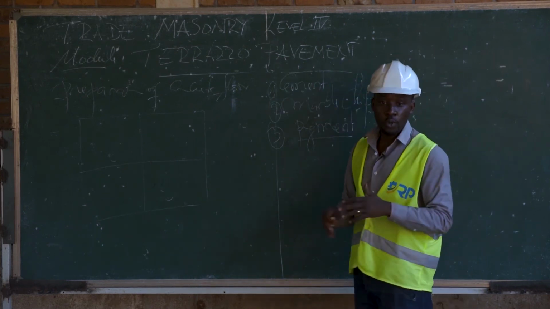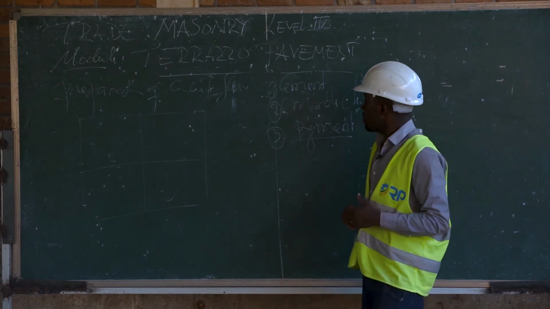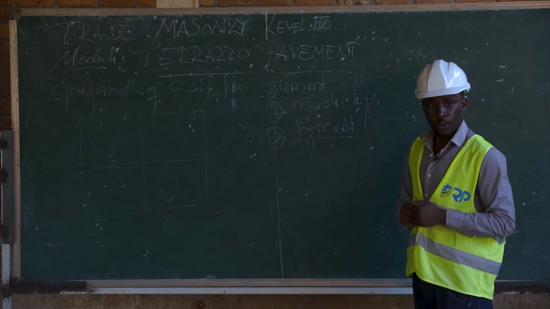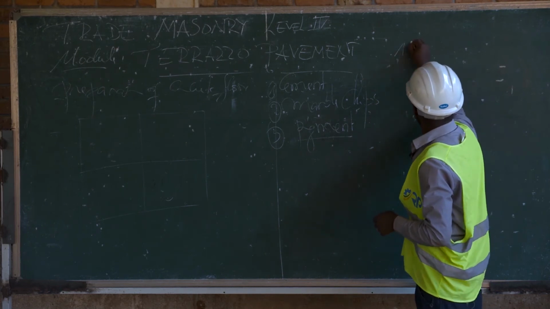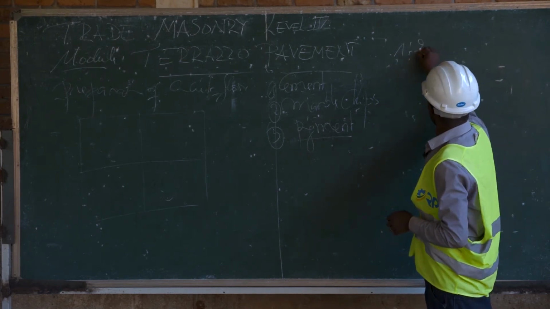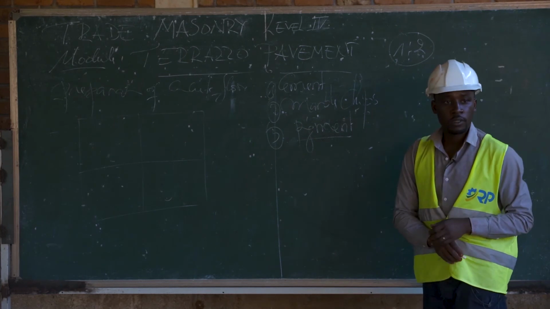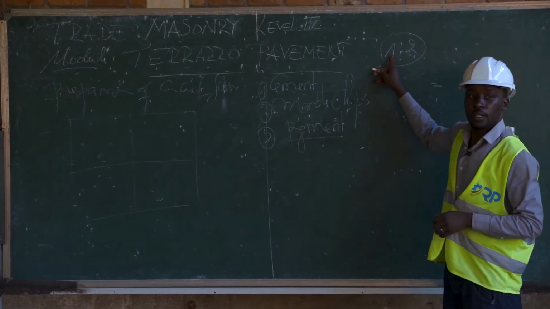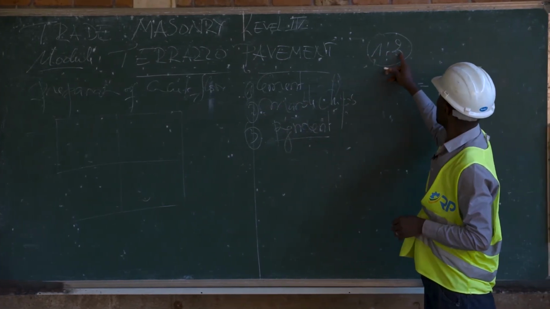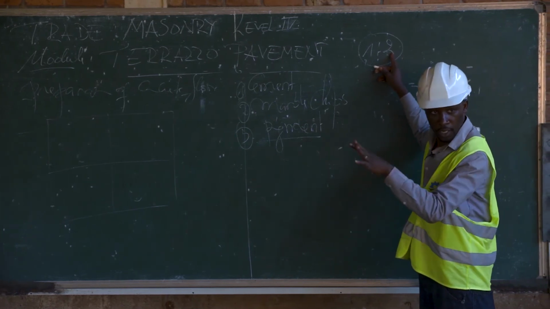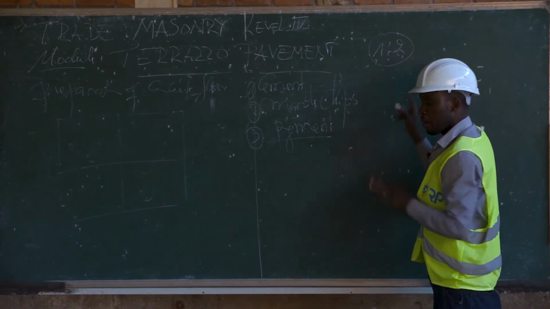So in terrazzo construction, the mix ratio used is 1 to 2. 1 means the part of cement, 2 means the part of aggregate or marble chips.